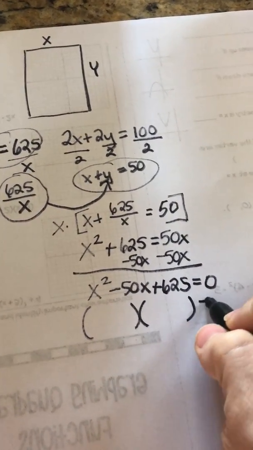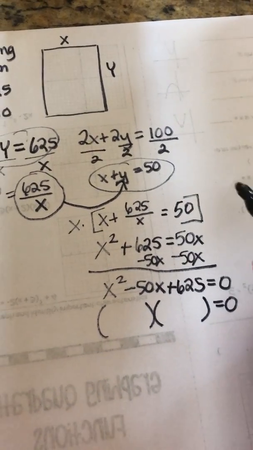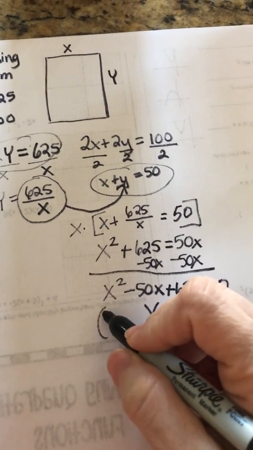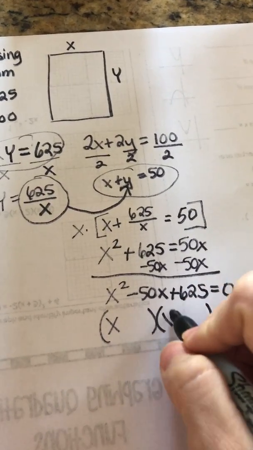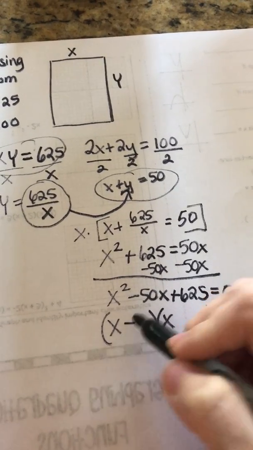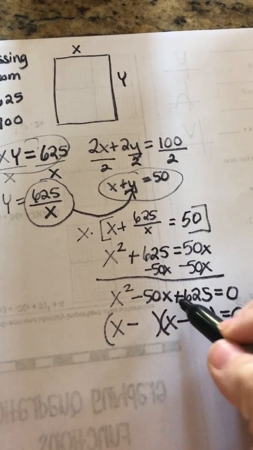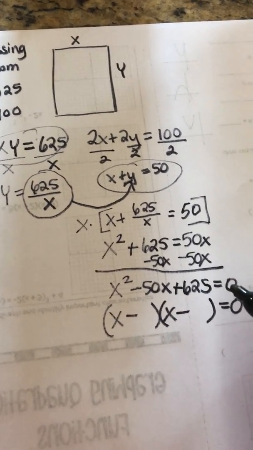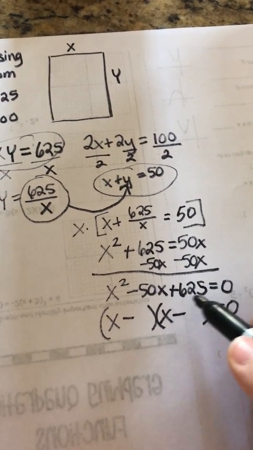I'm going to factor this now. It doesn't have a GCF because I already reduced it by 2 up here. So I know I need x times x in order to get x squared. I know they both have to be minus signs so that it multiplies to positive 625 but adds to negative 50. And then I think about 625.